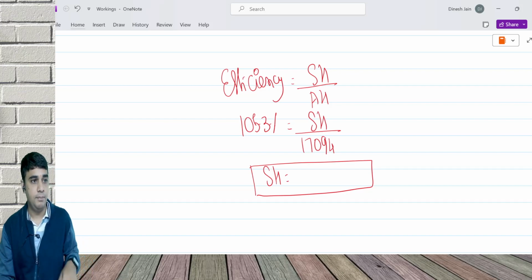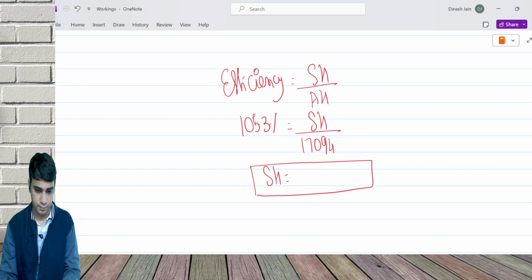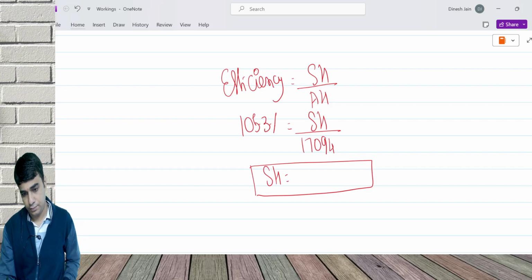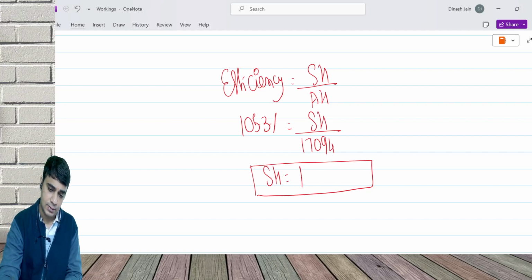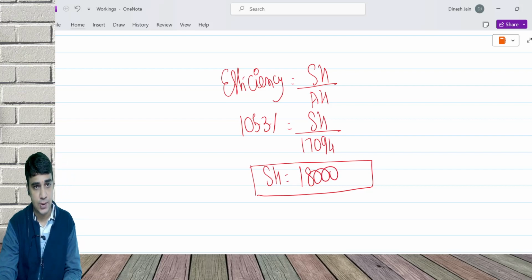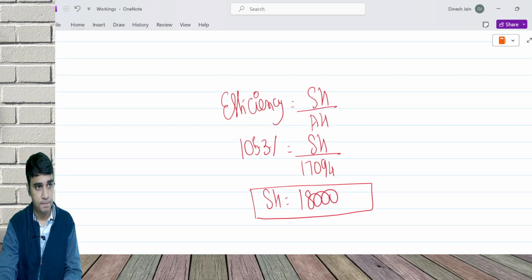How much is standard time? 18,000. SH equal to 18,000. Any doubts on this? Clear?